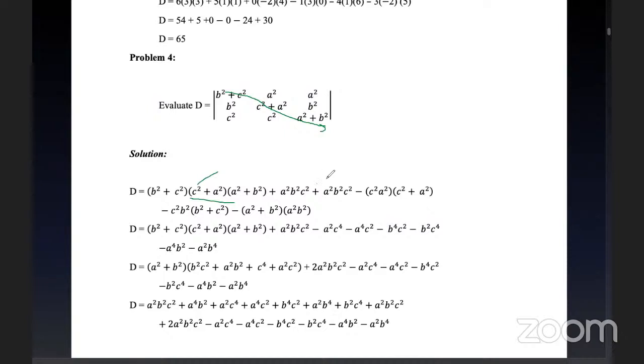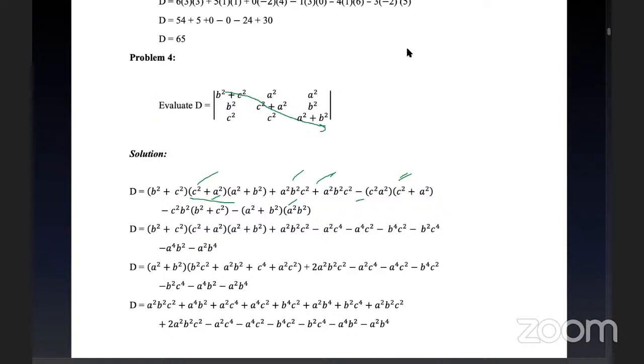1, 2, 3. Okay, wait. It should be 6 terms. Yan. 1, 2, 3, 4, 5, 6. Tama. Okay, so yung first 3 terms, positive. Yung last 3 terms, negative.